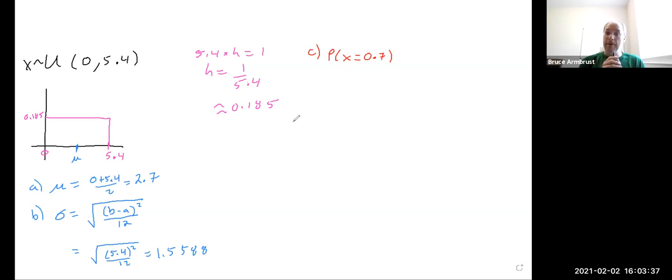I don't know if you remember me mentioning this, but when you have a continuous distribution, the probability of any one specific value is actually 0. Because it said exactly 0.7, this one is going to be 0.